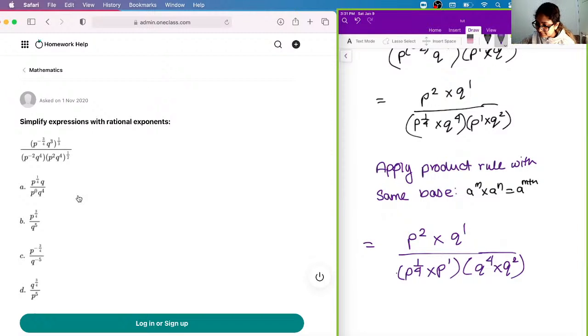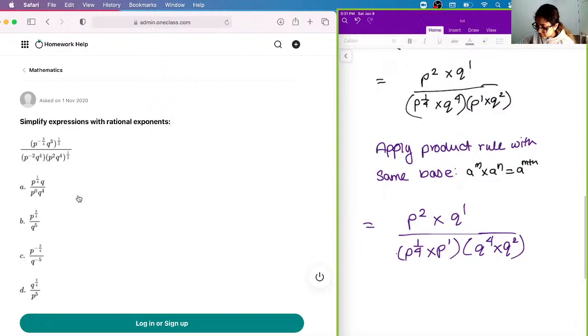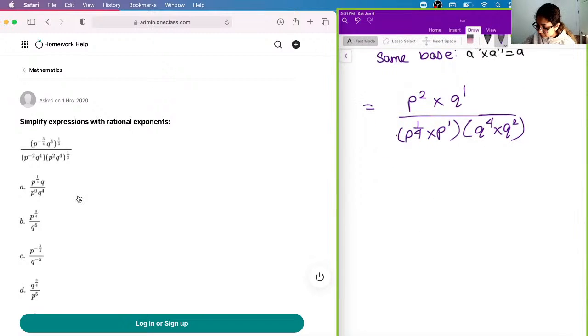we're going to apply the product rule for the denominator. So we have p squared times q to the power of 1, which is just q. So p to the 1 over 4 plus 1, times q to the power of 4 plus 2.